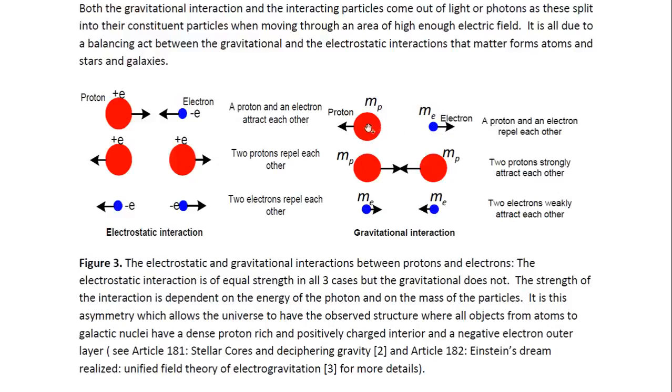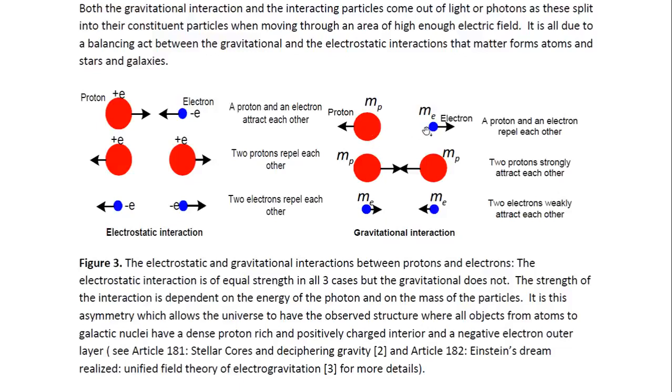And the interaction between protons and electrons is between these two, I suppose, and this is because it's partially based on the mass of the particle, and that is the property of matter that describes gravitational interaction.